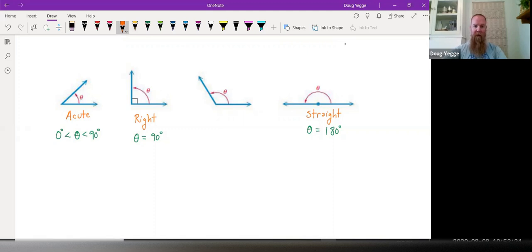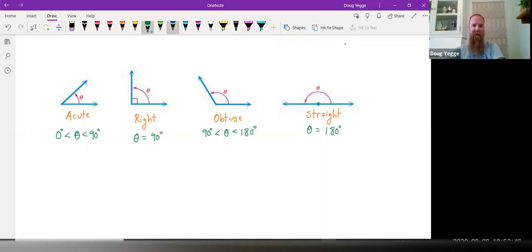And this angle over here, where the angle is greater than 90 degrees, is considered an obtuse angle. And so this is where theta is somewhere in between a right angle and a straight angle. So these are just a few different types of angles.